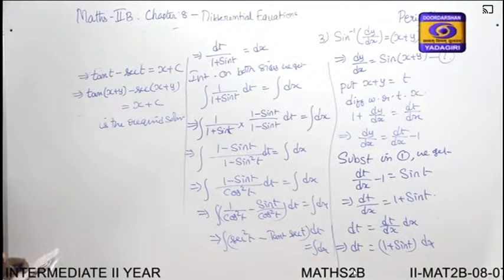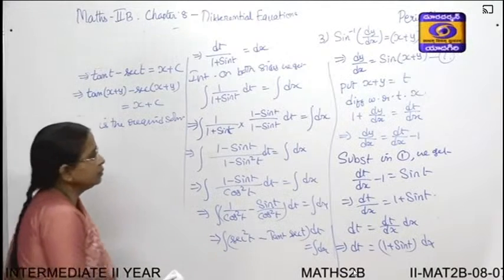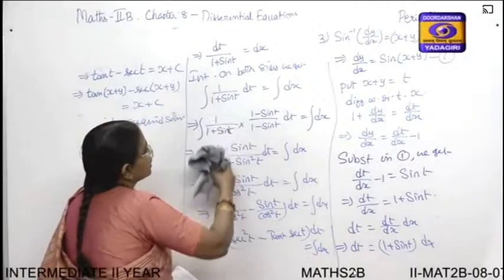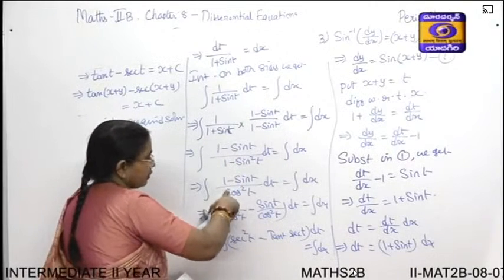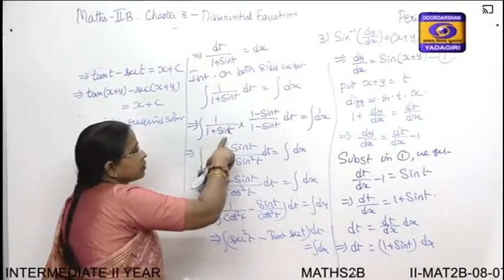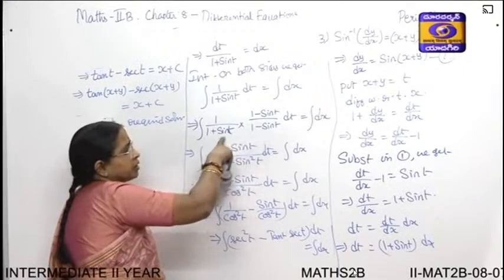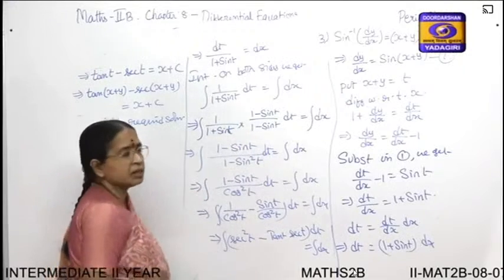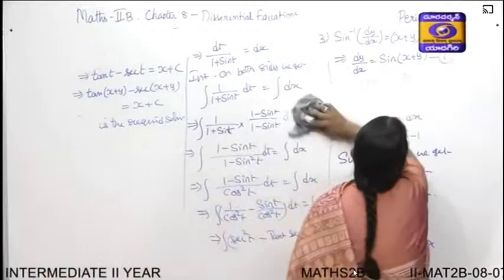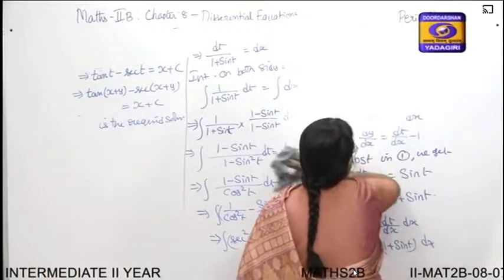So like this we do the problem. Okay, now always remember when you have 1 plus sin t or 1 minus sin t or 1 plus cos t or 1 minus cos t here, multiply and divide by the other term and then you can always reduce it to the standard form.